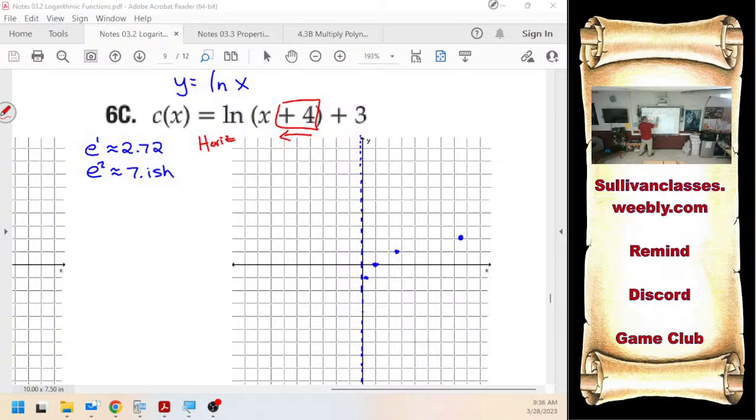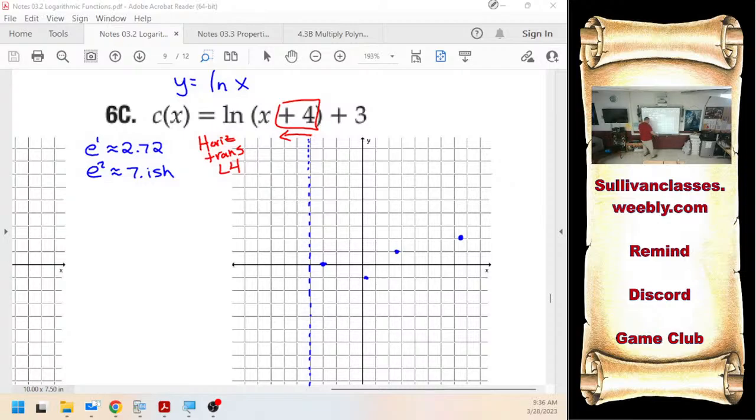Horizontal translation left 4. So I'll take my asymptote and move it 1, 2, 3, 4. That means my initial point should start 1 to the right of the asymptote.